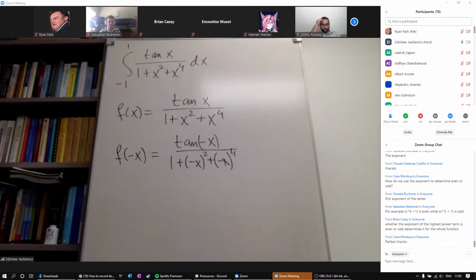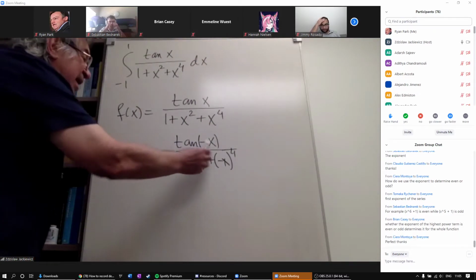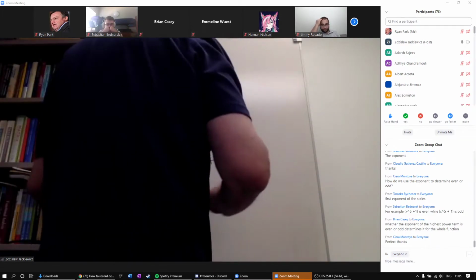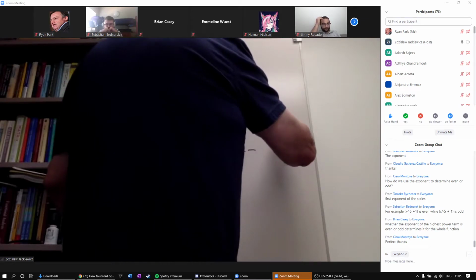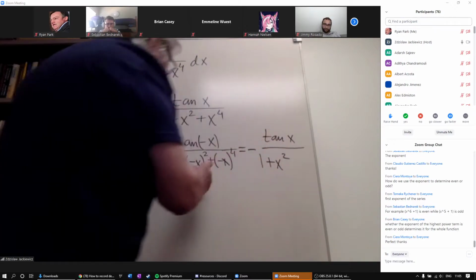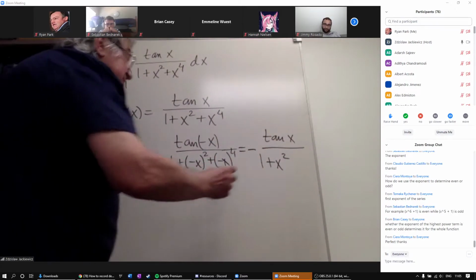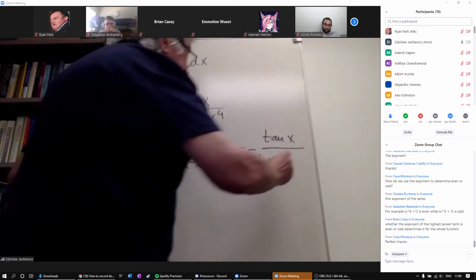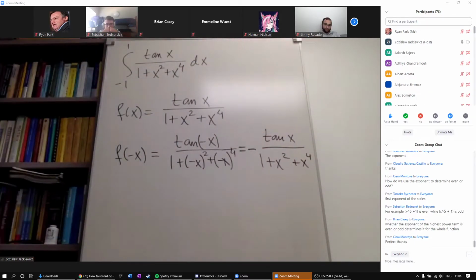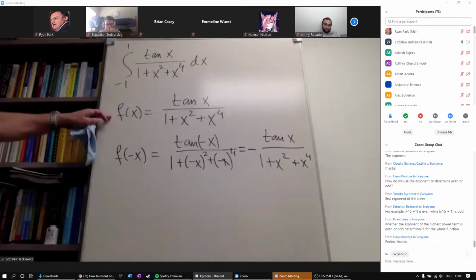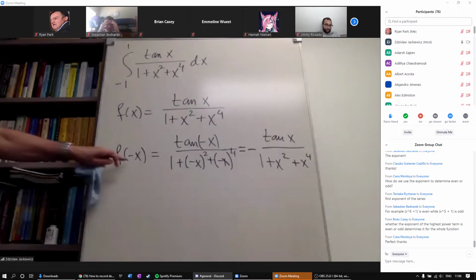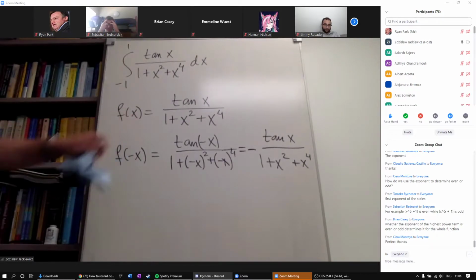Tangent of minus x is minus tangent x. So that's equal to minus tangent x over 1 plus, of course, minus x squared is x squared, and minus x to the power 4 is x to the power 4. So you see that f of minus x is minus f of x.